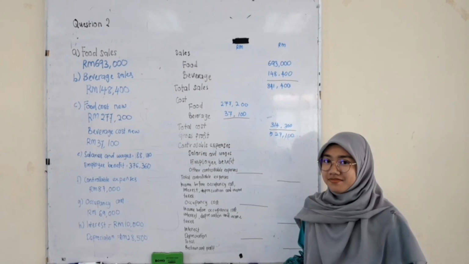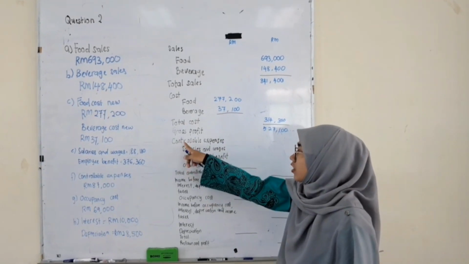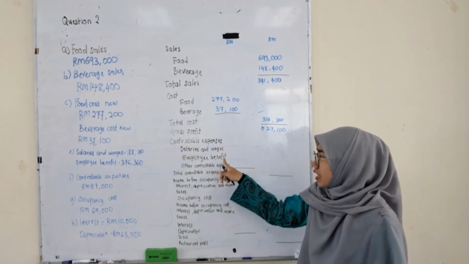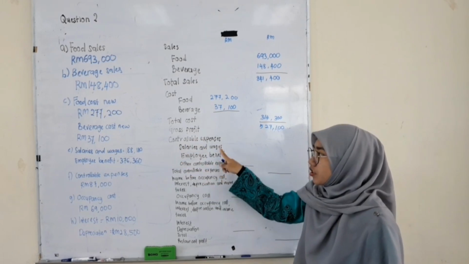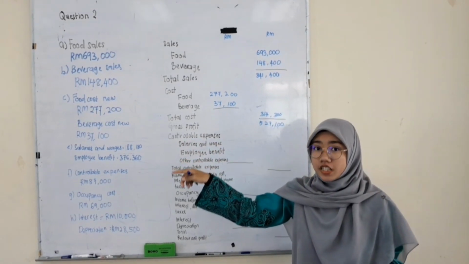Now we find the controllable expenses. This information we also get from the calculation before this.